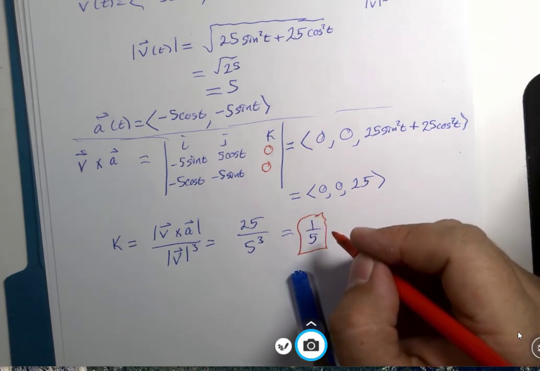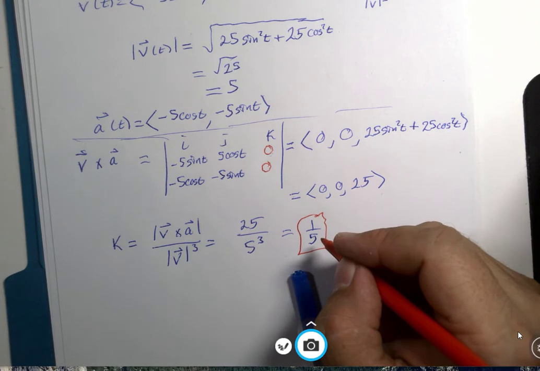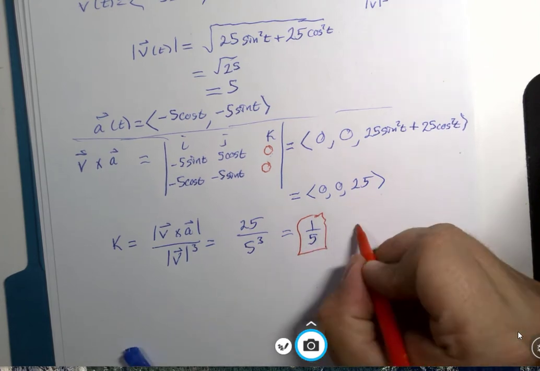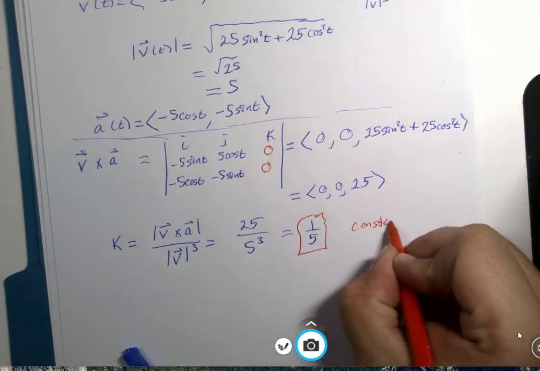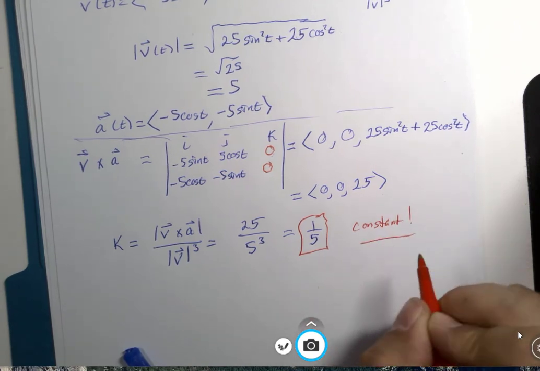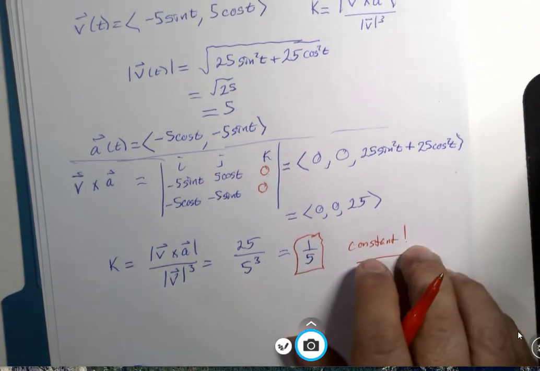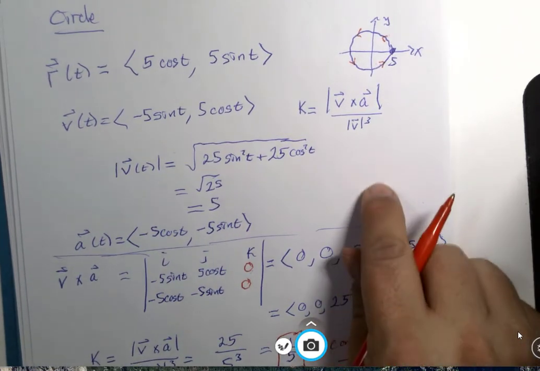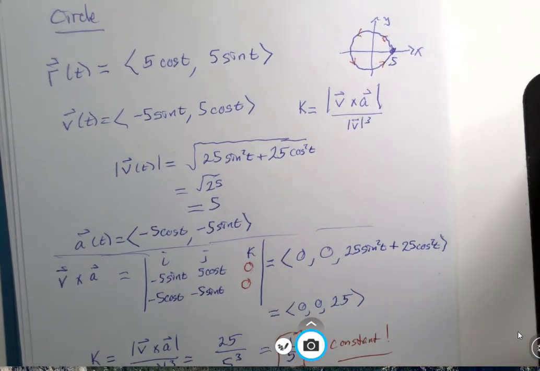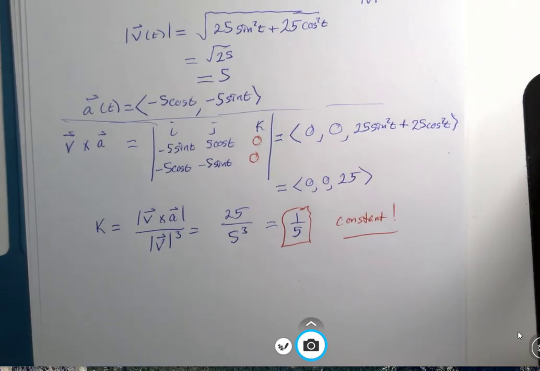I was so excited that I didn't slow down and savor the moment. This is a constant, folks. There's no variables in it. It's always 1/5. More importantly, for some people, 5 was the radius and 1/5 is the curvature.